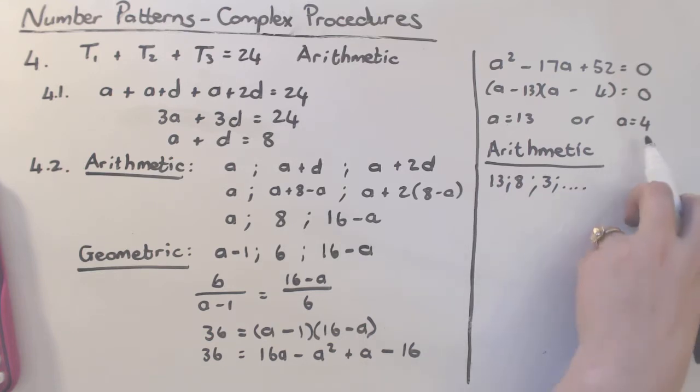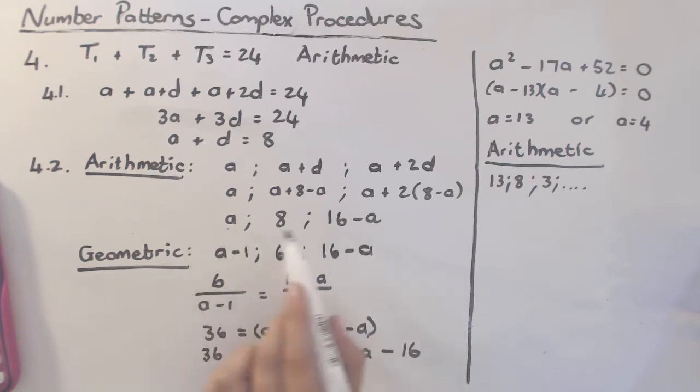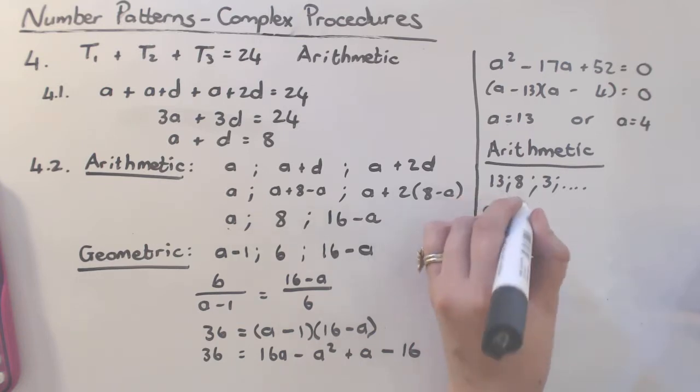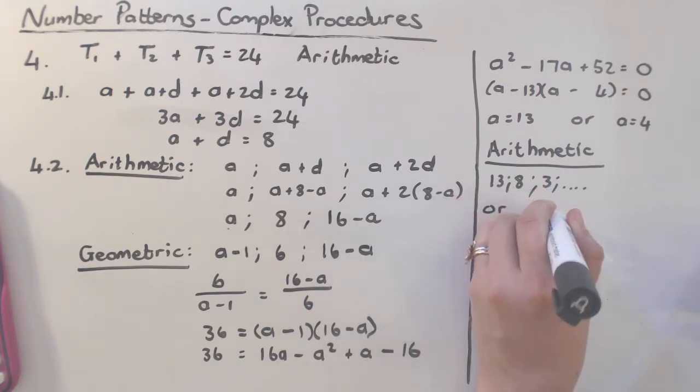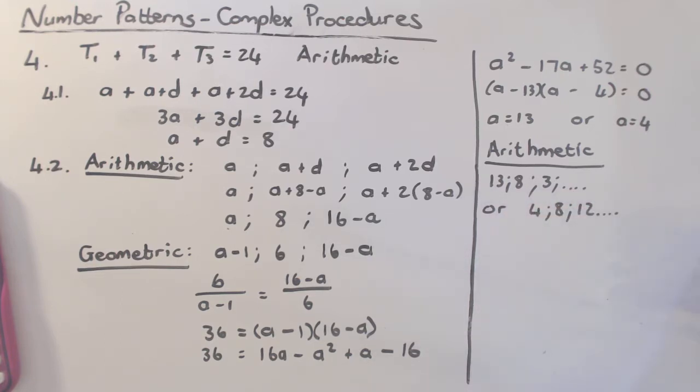Or if I substitute 4 in there, I can generate the series 4, 8, and 12. Can you see? 4, 8, and 16 minus 4 is 12. So I can have 13, 8, 3, or I can have 4, 8, 12, like that as my series.